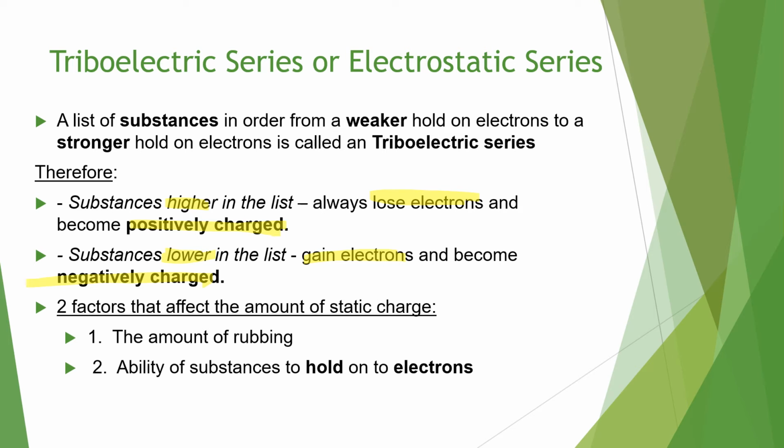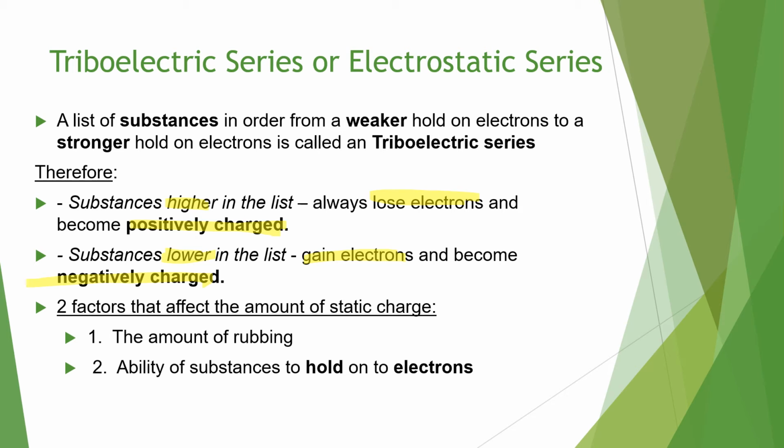So if they're going to lose and get rid of those negative charges, they're ultimately going to have more positive charges, making them positively charged. Whereas substances lower on this list of materials have the tendency to gain electrons when rubbed with another material. So if this substance is gaining electrons, that's more negative charges, causing it to become negatively charged.